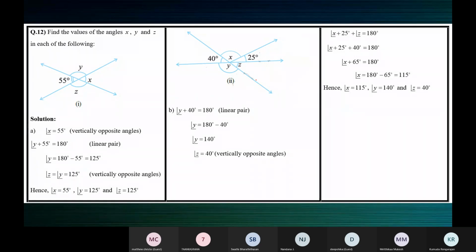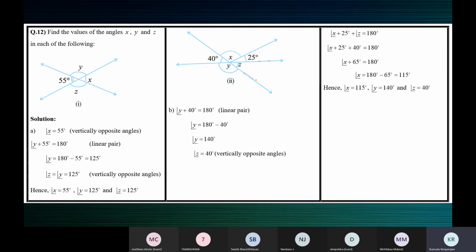Anugraha, how will you find x in figure 2? No, actually, I don't want the answer. I just want that equation to find x. Yes, I think Matthew wanted to say. Matthew? Yeah, tell me.